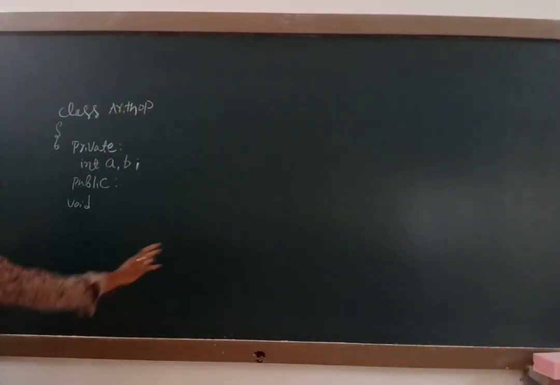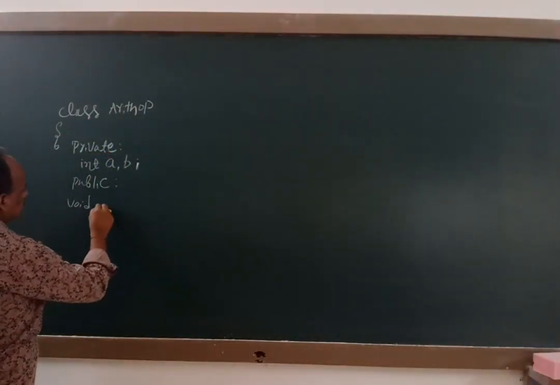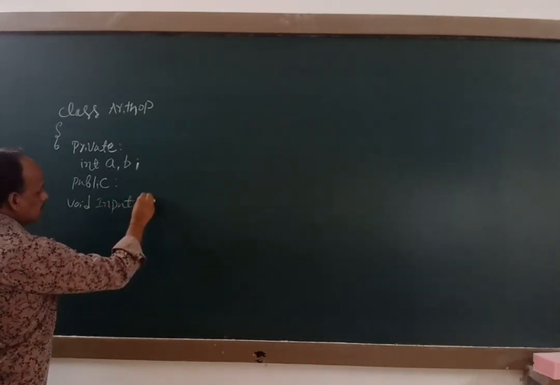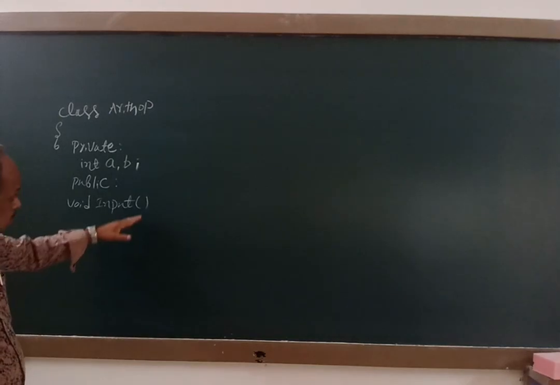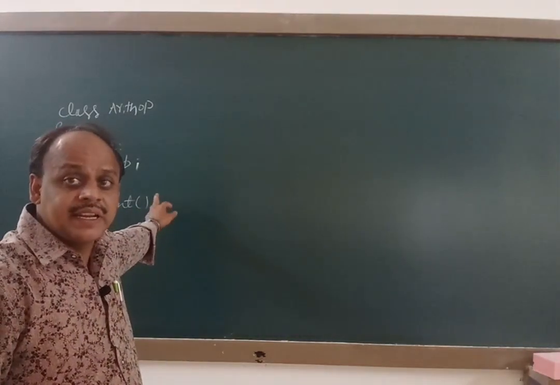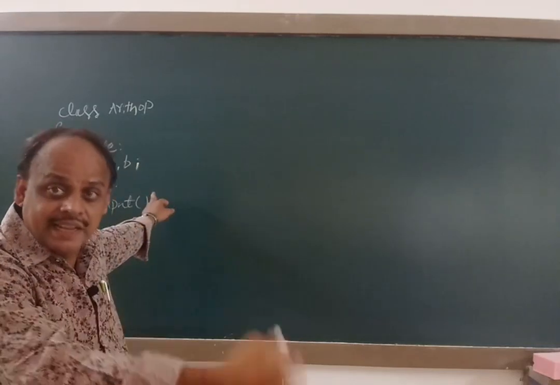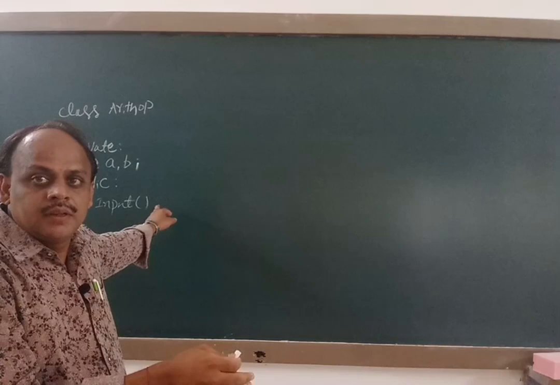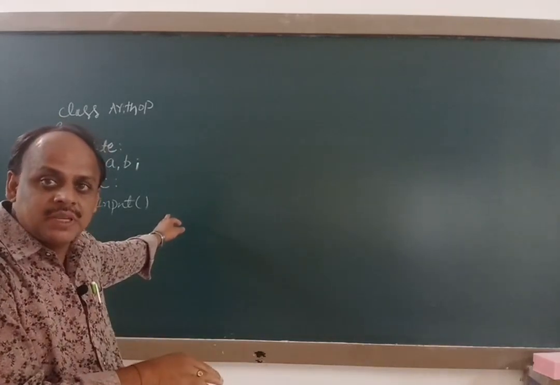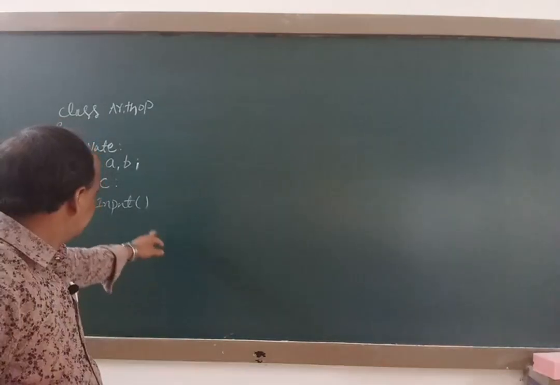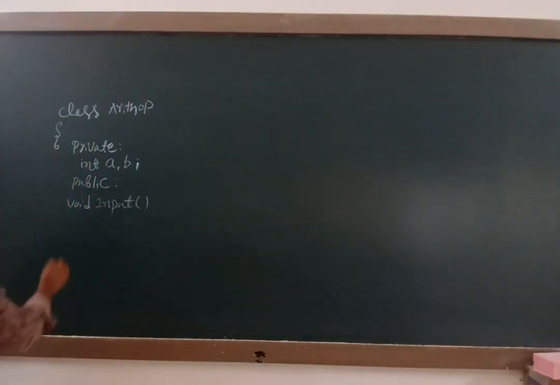So consider here void input function. Here don't put a semicolon. If you put a semicolon it indicates member function declaration. But I am going to write a C++ program with code inside the class, which means member function definition inside the class. That's why don't put a semicolon here.